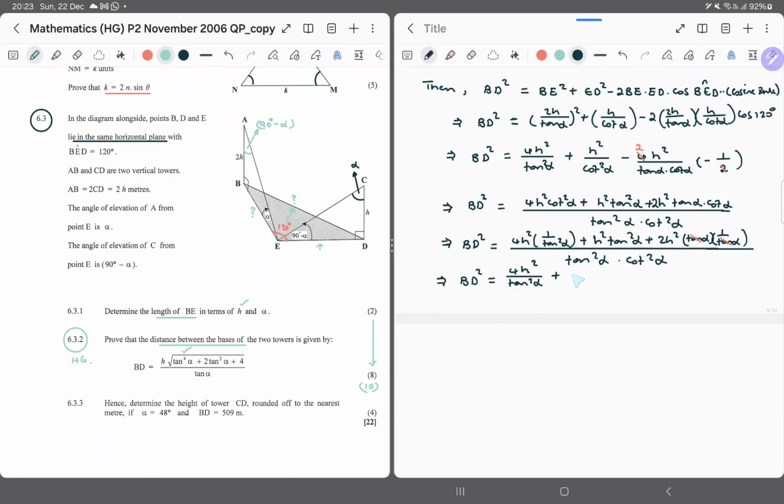Now this is h squared tan squared alpha over 1, and then we have plus 2h squared over 1. Sometimes when I get to this I'm thinking, yay. So we divide nicely by this one.